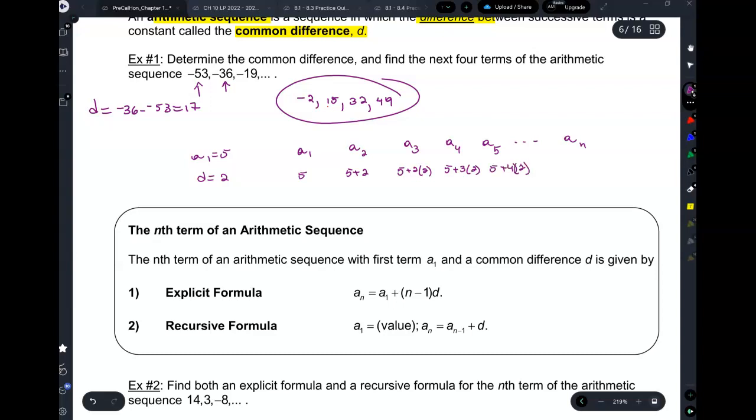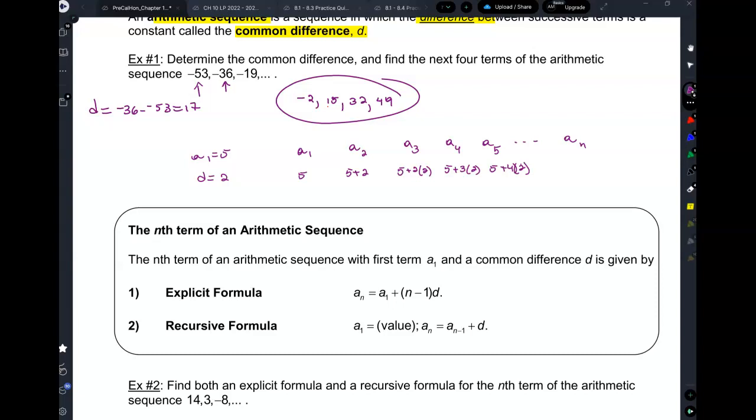So what do you notice every single time when we do a process like this one? Every single one of these is 5 plus some multiple of 2's. And what's that multiple of 2's? N minus 1 of the 2's, right? So when n is 3, you add 2 2's. When n is 5, you add 4 2's, right?